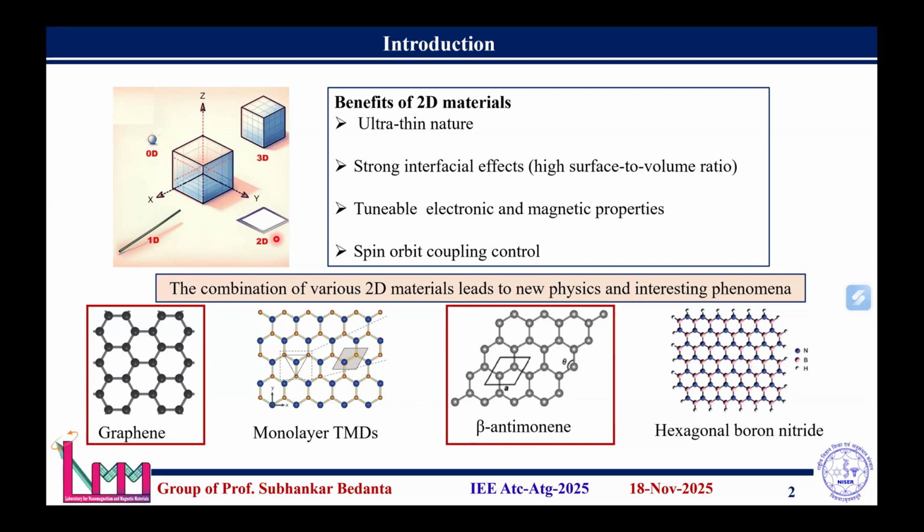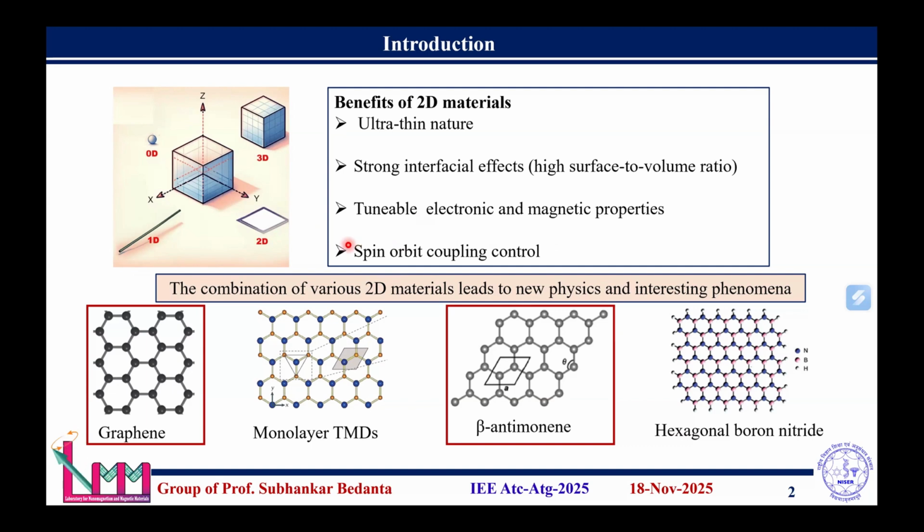Because of the ultra thin nature, we get a very strong interfacial effect, and because of the high surface to volume ratio, we can tune several properties like the electronic as well as magnetic properties. Also, when we thin down, the properties will be much different compared to the 3D counterpart, and we can change the density of states, and hence control the spin orbit coupling strengths.